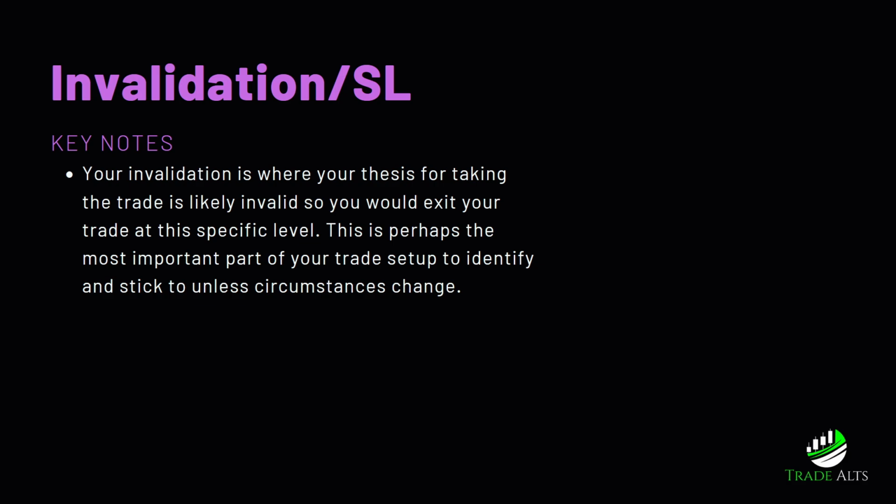What I mean by let it go is they'll just stay in the trade because they're like, oh, I already lost this, I don't think it can drop that much further, it's probably going to turn around. The invalidation that they thought was the correct invalidation and a very good time to exit the market with minimal loss, people will just let things run, and before you know it, you're double-digit percent down on that trade. So it's very important not only to identify where your stop loss is, but to stick to it in your trade setup and let the trade play out how it's supposed to play out, win or lose.